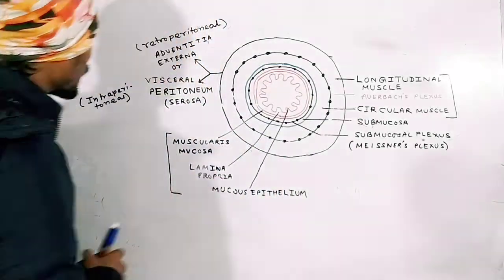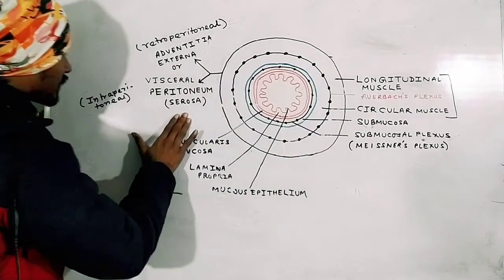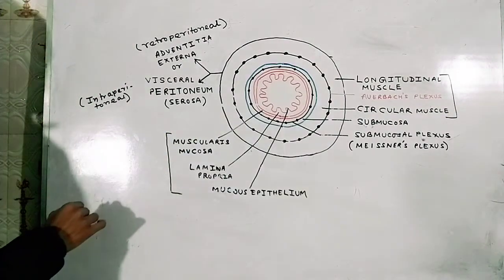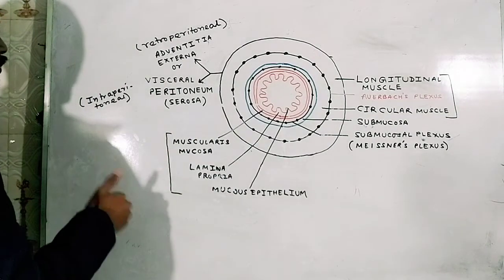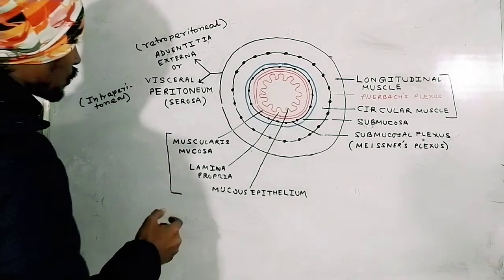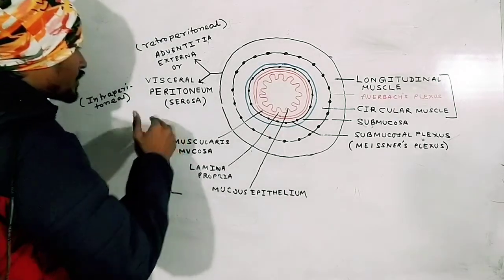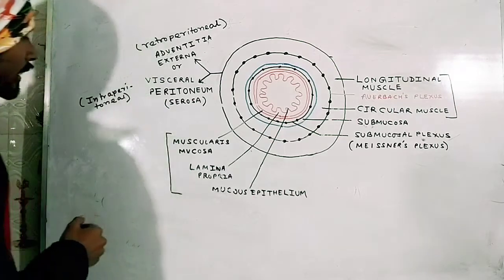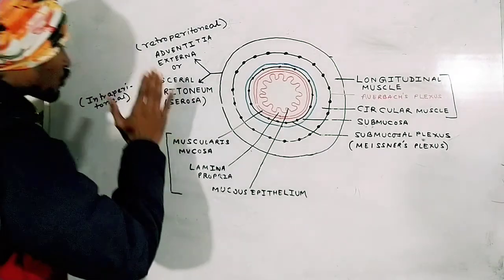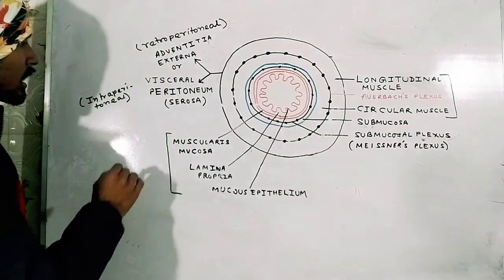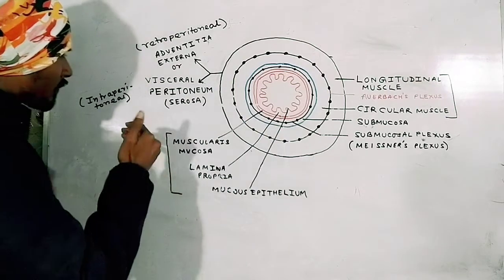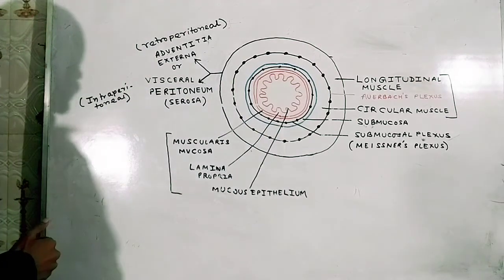Okay. Now the serosa will be present in the case of intraperitoneal parts. Okay. So the serosa is called the visceral peritoneum, and it is made up of squamous epithelium and areolar connective tissue. Okay.